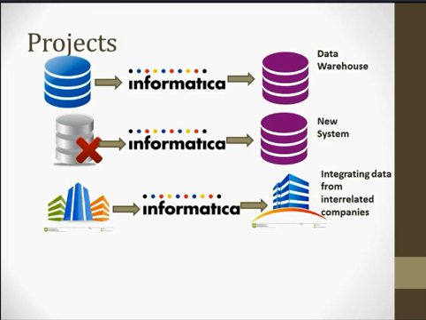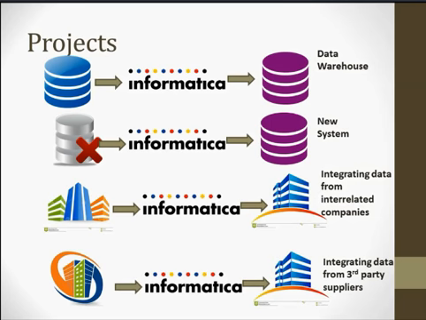Another example of a project where Informatica can be used is integrating data from third-party suppliers. Let's take the example of a construction company which has hired a third-party supplier for the woodwork.